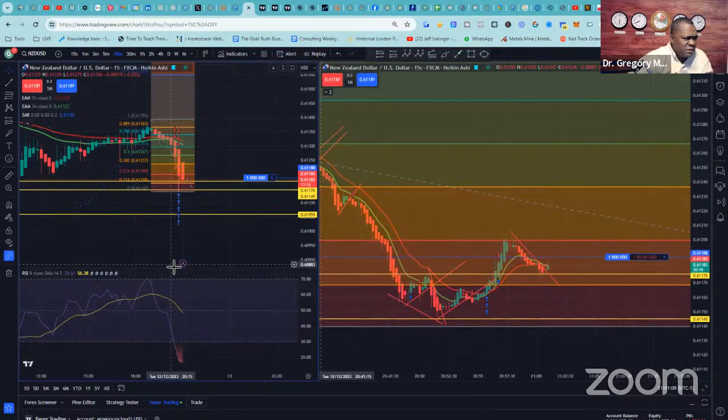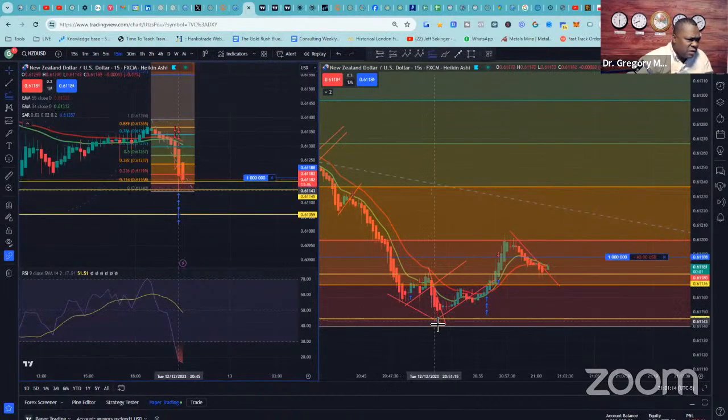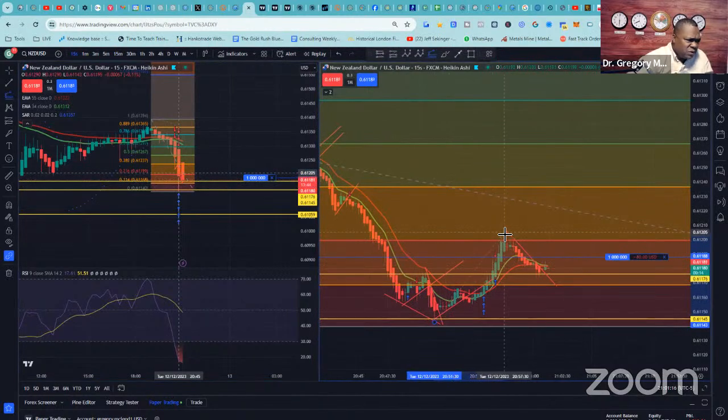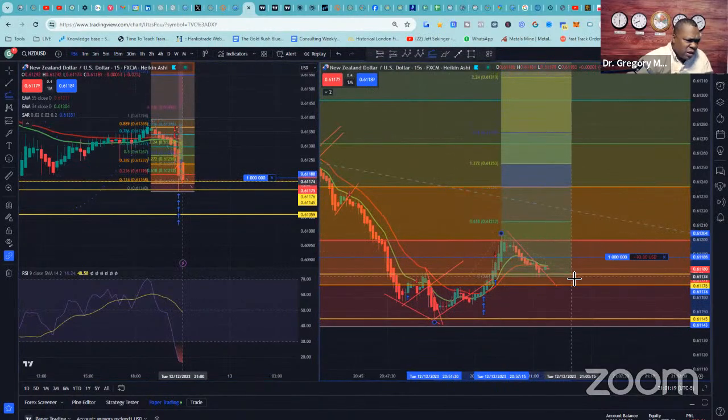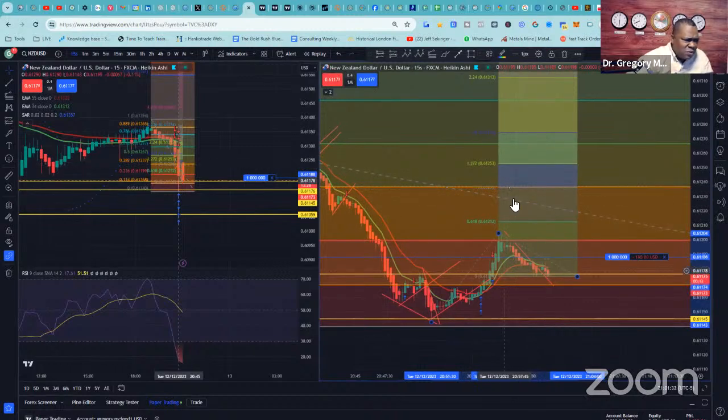If this is a Fibonacci expansion, then we can take the absolute low to the swing high and then drop it to the bottom of those wicks. The 100% expansion, 61.23, happens to be right at the 38% retracement, but will we get there? That's the key. We're playing around with this level, and we broke lower.